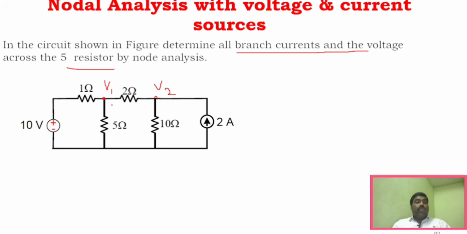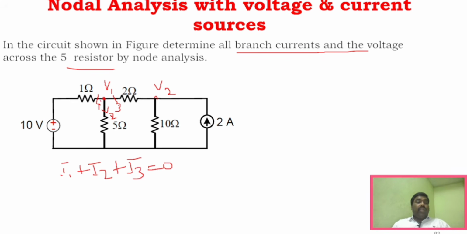Now if you take V1, we consider this branch as I1, this branch as I2, and this branch as I3. So I1 plus I2 plus I3, that is where we will apply KCL.